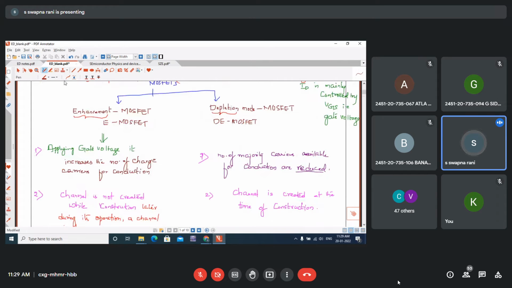So ఇక్కడ దీన్ని రెండులో మళ్ళీ two types, again further classified into two types, N channel and P channel. So ఇక్కడ కూడా N channel D MOSFET, P channel D MOSFET.